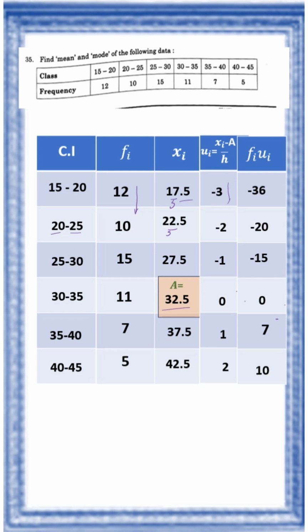Now let us add the numbers in this column to get the summation of fi, that is 60, and add the numbers under this column to get the summation of fi ui, that is negative 54.